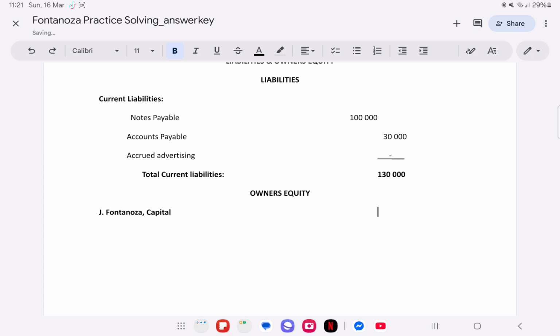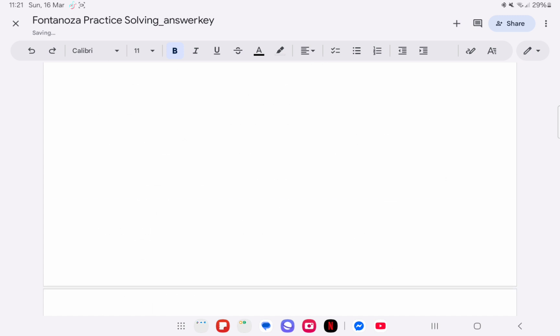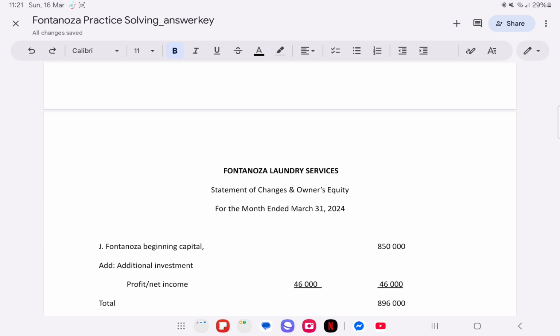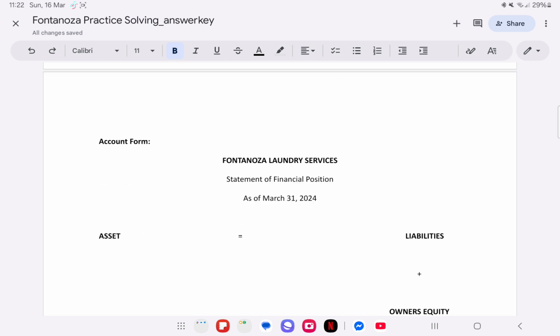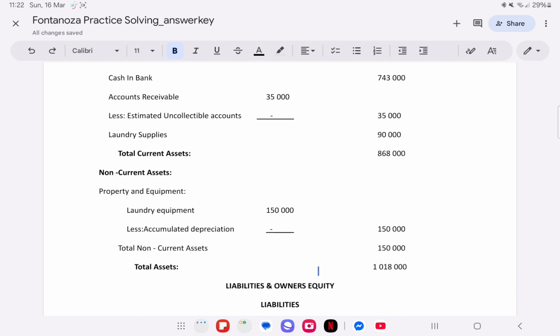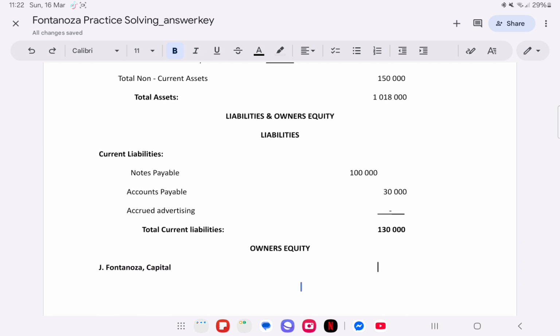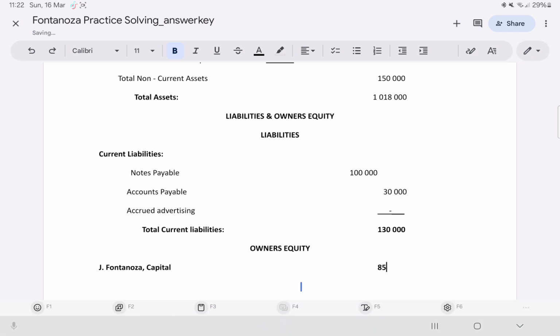How much is the capital? If we look at the statement of changes in equity, J Fontanoza's beginning capital is 850,000.